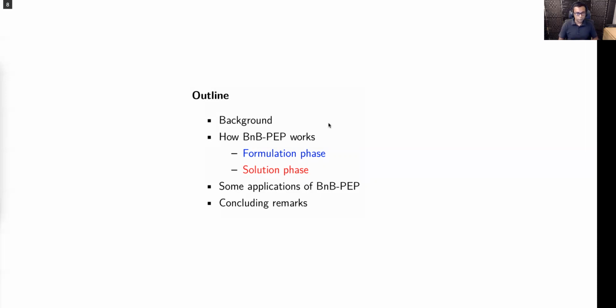And then comes the solution phase, where we focus on how to find the globally optimal solution to that optimization problem. Then we will talk about a couple of applications of BnB-PEP. There can be more, but for the interest of time, I will limit it to the two examples that I showed you briefly, and then I will conclude.